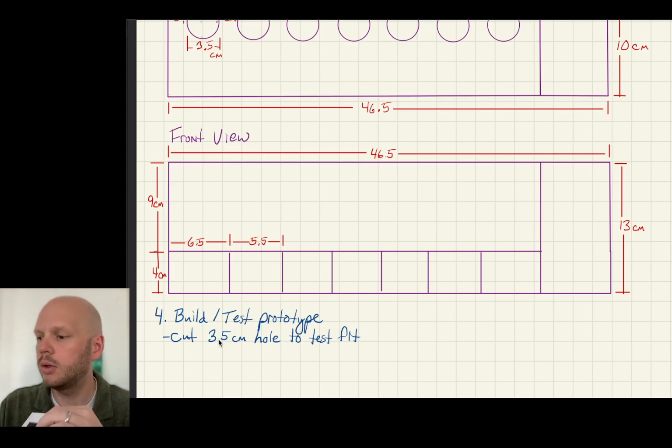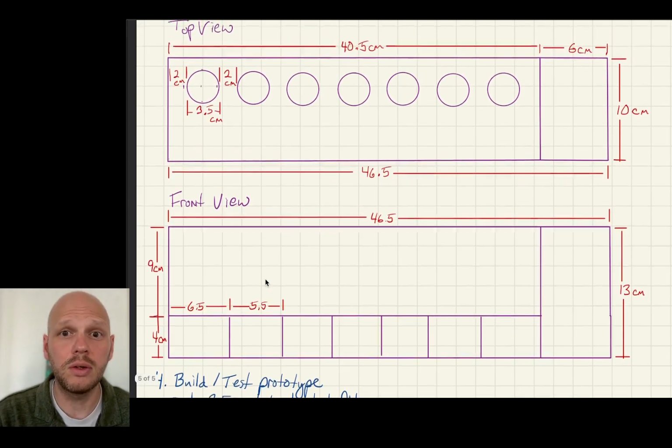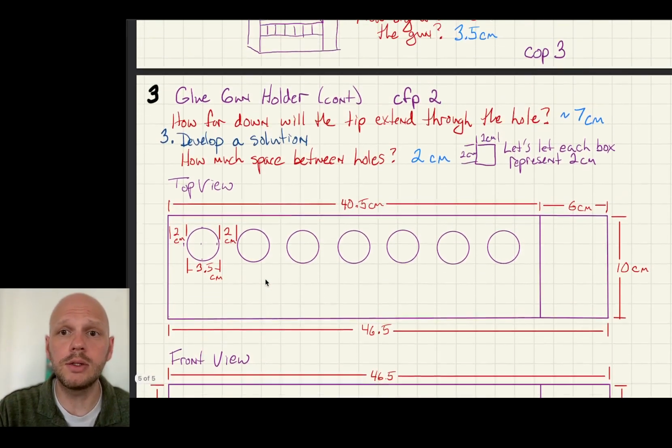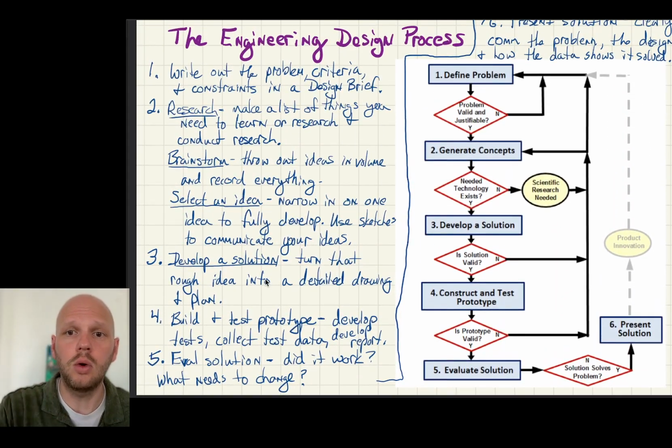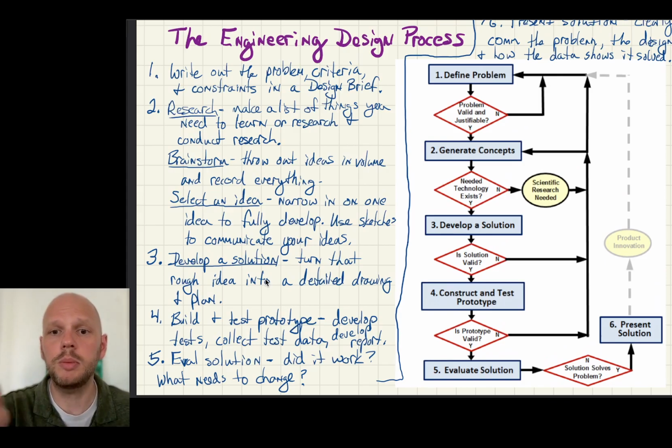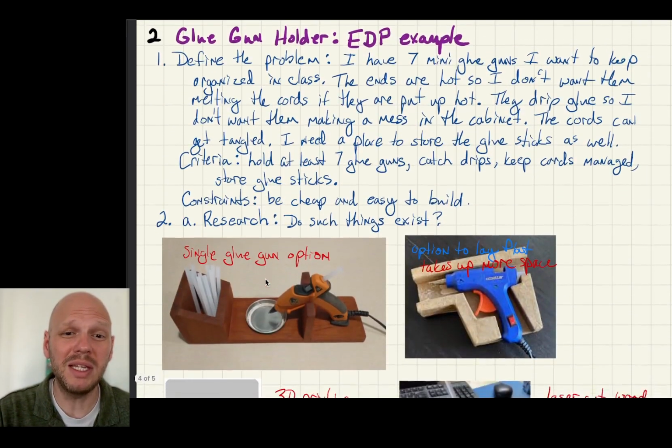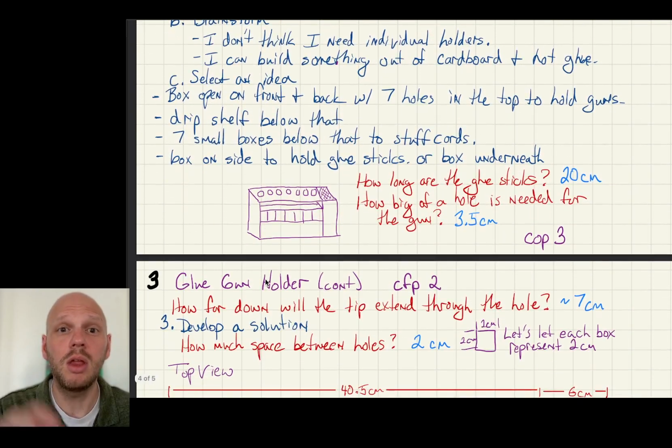So now I'm at a point where my technical drawing is wrong. And remember, with the engineering design process, we're constantly generating concepts, developing a solution, constructing and testing a prototype. So I basically just prototyped the hole.